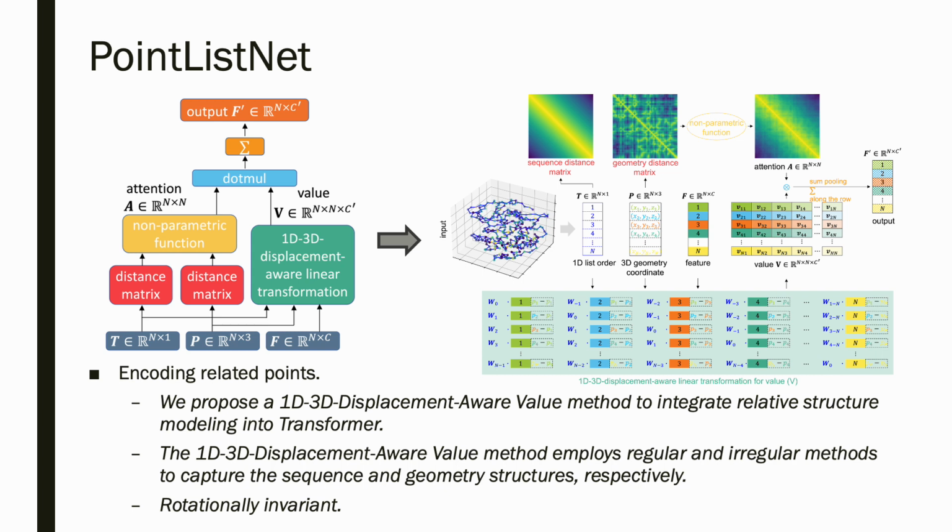For encoding related points, we propose a 1D, 3D displacement-aware value method to integrate relative structure modeling into the transformer.